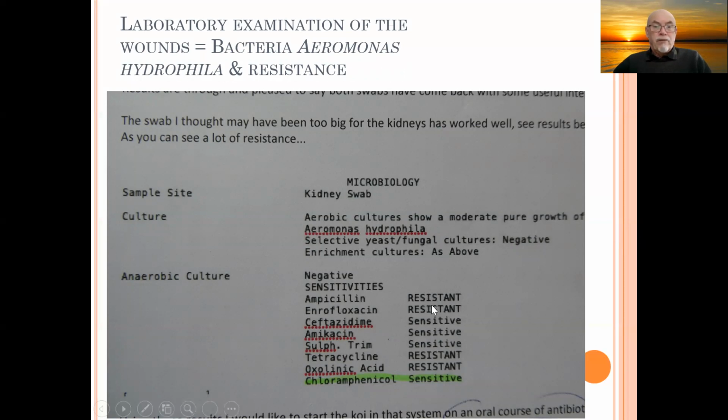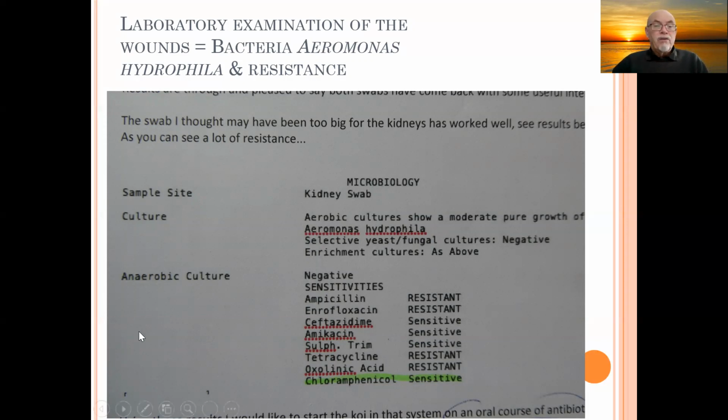When we received the results from the laboratory, the sample was taken from the organs, particularly the kidneys, which is a very good part to use for microbiology. They found Aeromonas hydrophila, which was typically found in the culture. This is a bacteria that causes furunculosis, a well-known cold water fish disease, a koi disease.